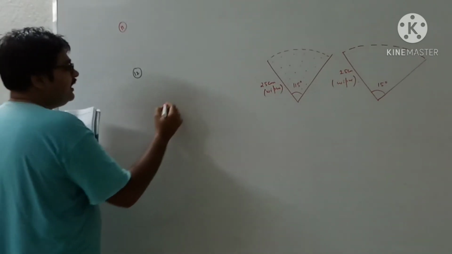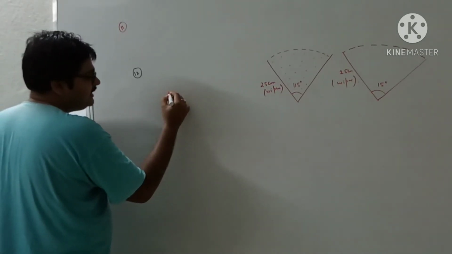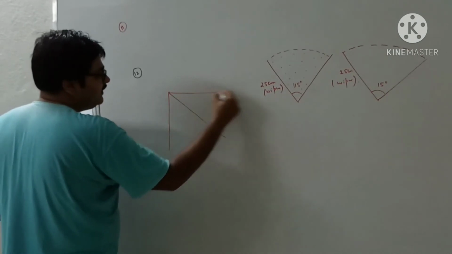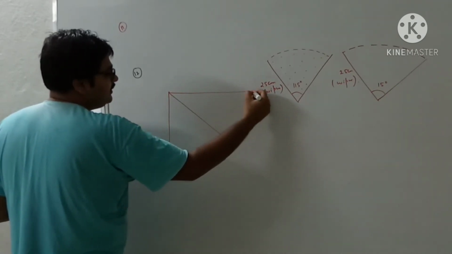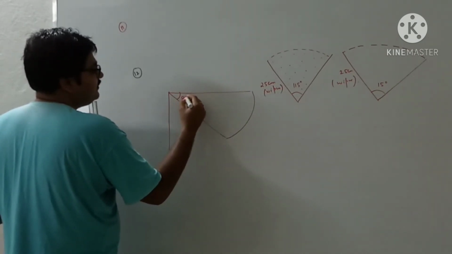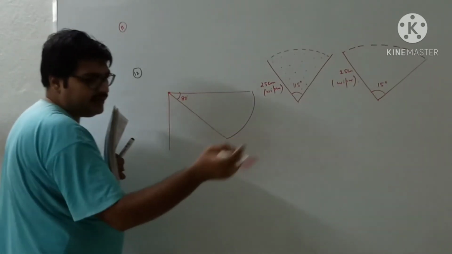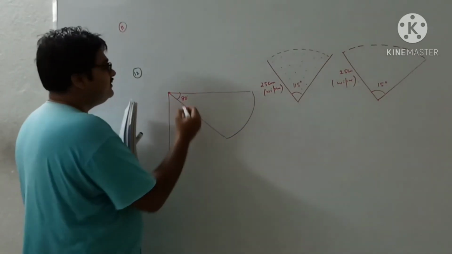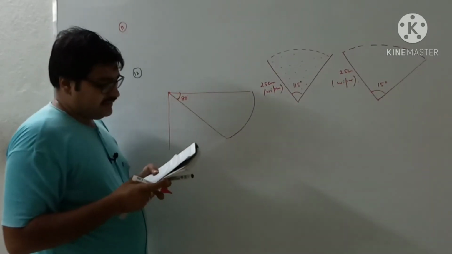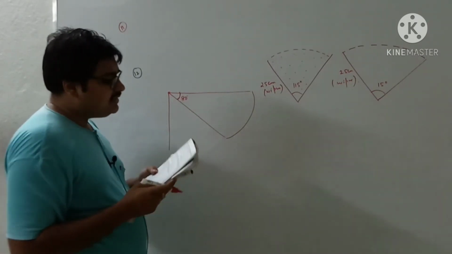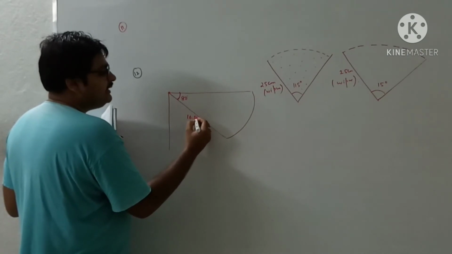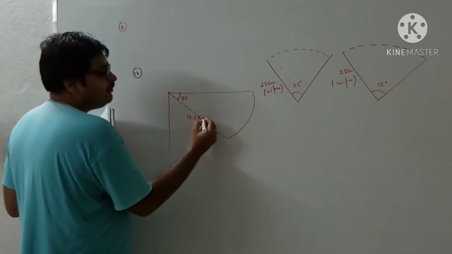So a lighthouse spreads the light over a sector of 80 degrees. From the lighthouse, the light is moving and the sector it covers is 80 degrees, to a distance of 16.5 kilometer. The light is reaching a distance of 16.5 kilometer.